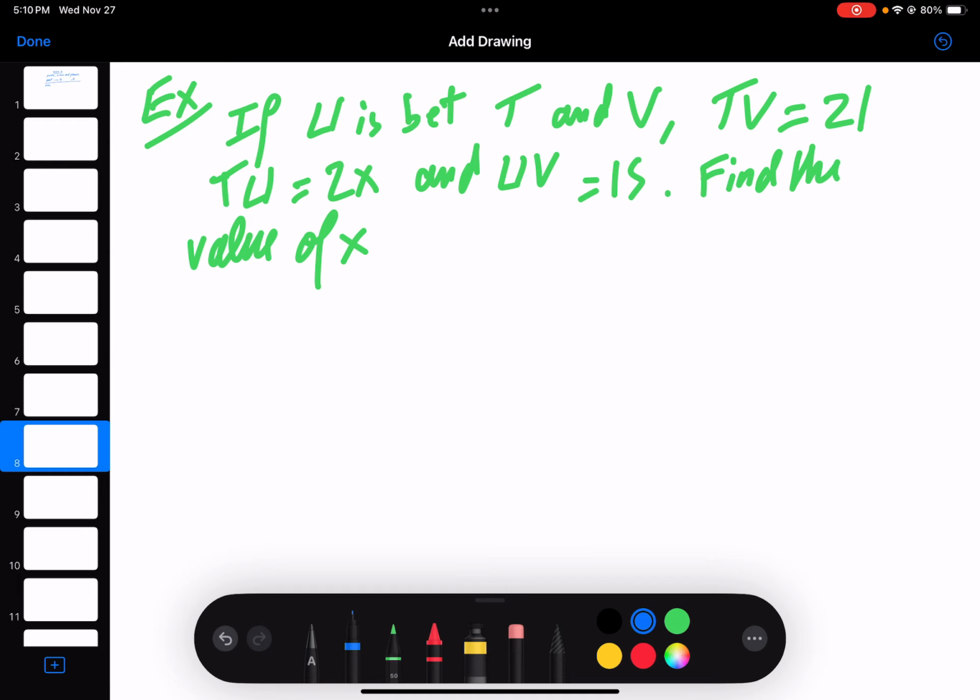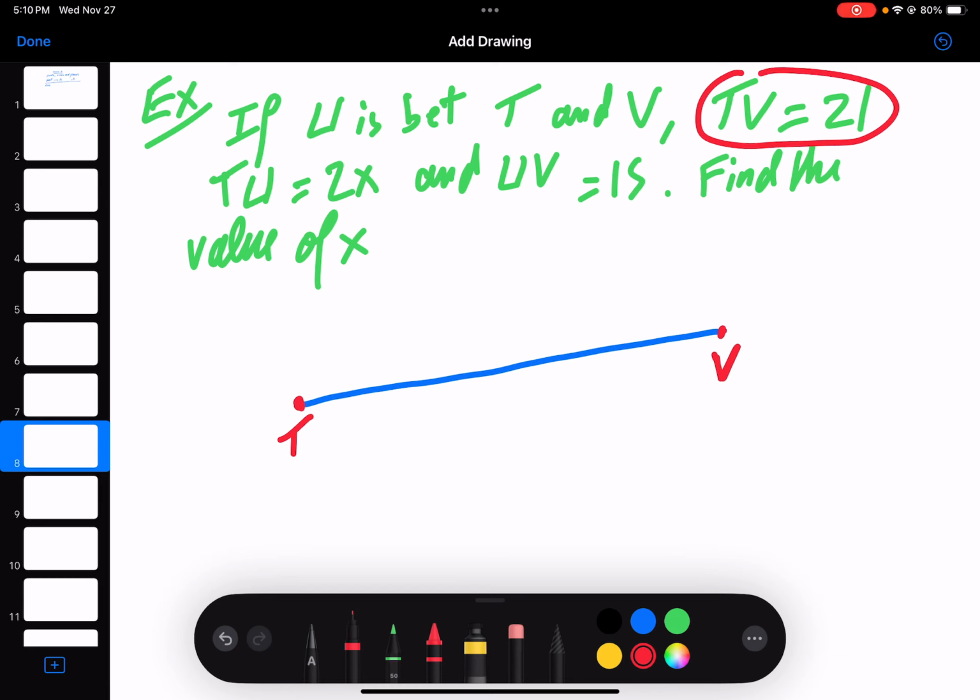So we have a line segment denoted with points T and V. And what is the length of the line segment TV? What it says right here is 21. So we'll write it this way.